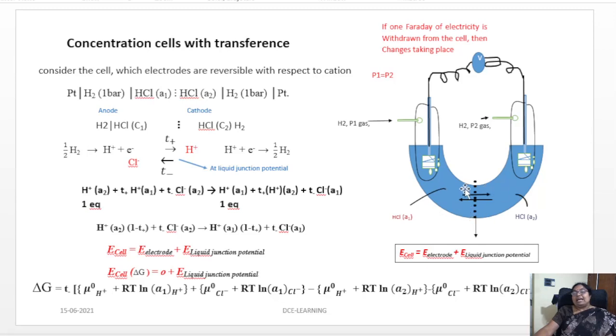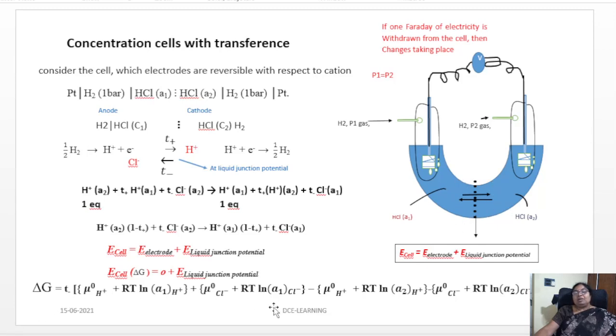So in terms of activities, for example, if T minus moles of HCl are transferred from right to left, what happens to the change in free energy?